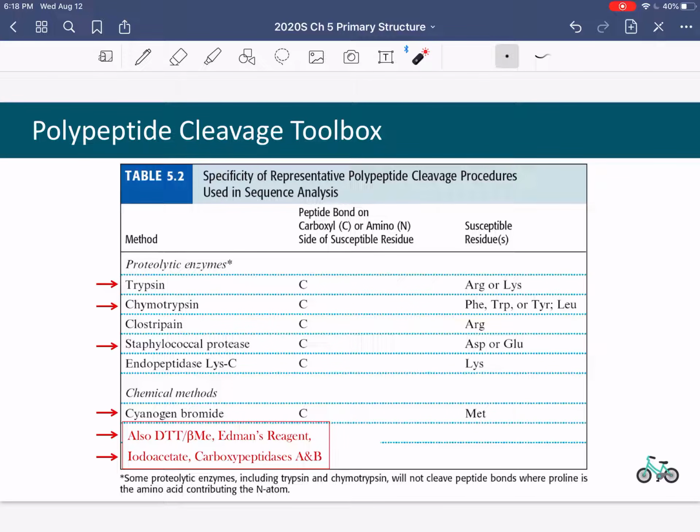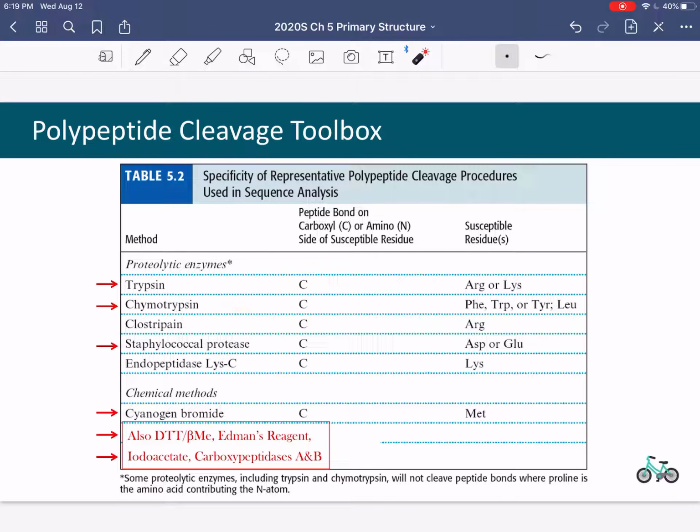And so this is your toolbox. These are your reducing agents, DTT and beta-ME, which are used together with iodoacetate, that alkylating agent that irreversibly inactivates the cysteines. Carboxypeptidases A and B for the C-terminal amino acid identification, and Edman's reagent for the N-terminus.